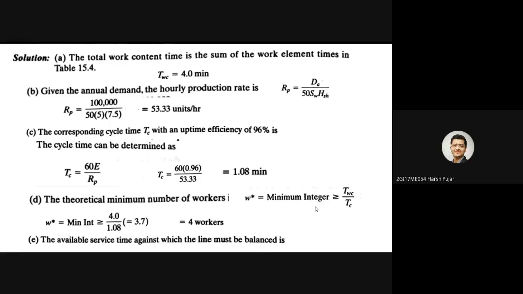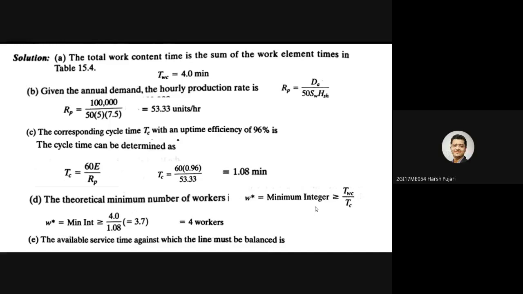Ma'am, even while finding the theoretical efficiency, why do we consider that 0.96? If it was theoretical, then we would directly consider it as 1. Which one? Where have you considered theoretical efficiency? They are asking the theoretical minimum number of workers.